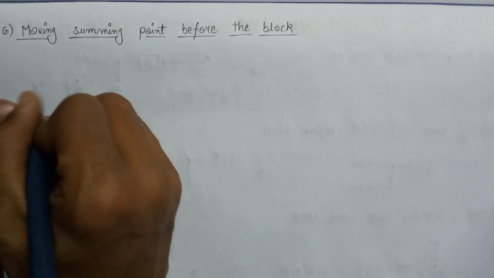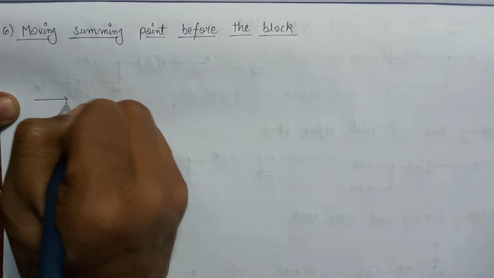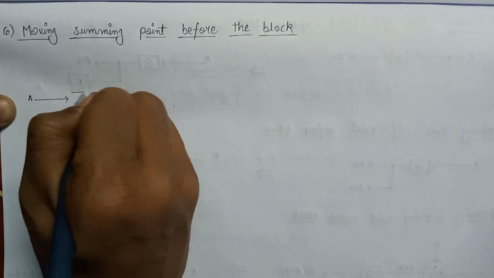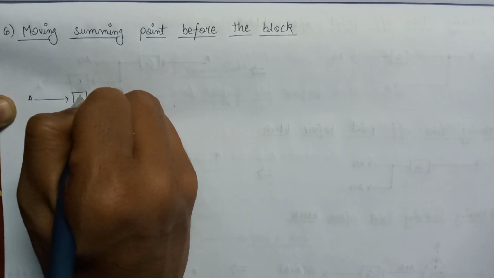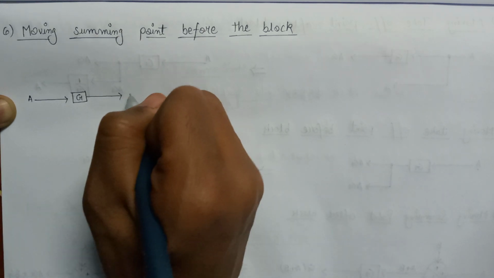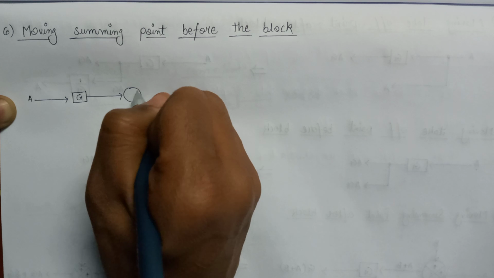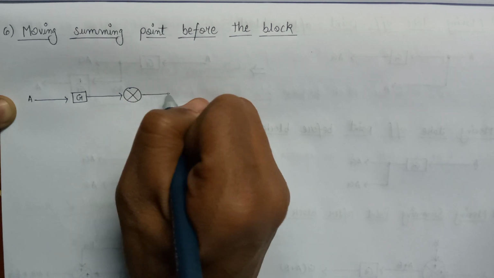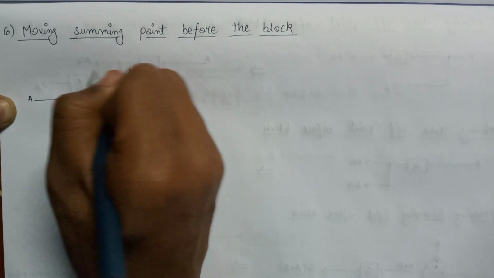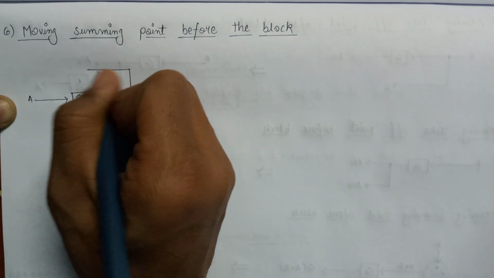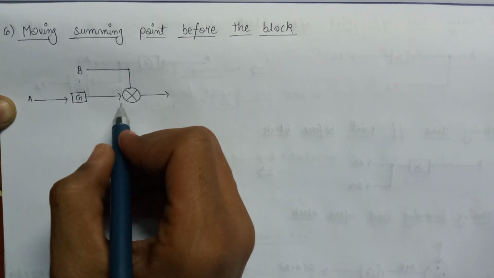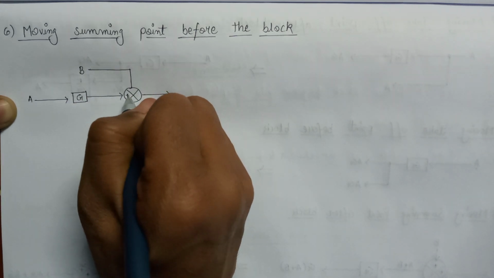Have a look at this circuit in which the input A is applied to the block having the gain G, and its output is now applied to the summing point, and this is the overall output. Here another input, that is B, is applied to this summing point, both with a positive polarity.